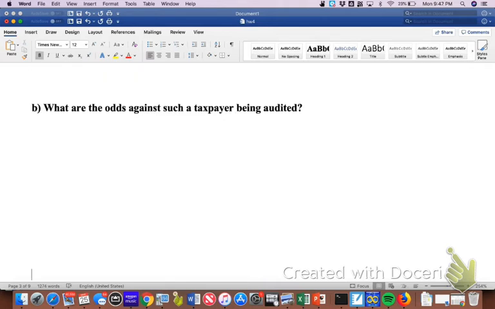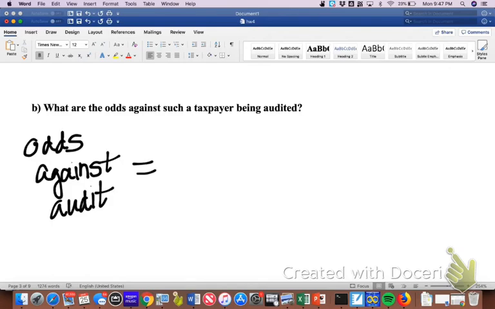So for part B, if you know the odds in favor of being audited, then you really kind of already know that the odds against being audited are just going to be flipped. Instead of 1 over 70, it'll be 70 to 1. But I want to go ahead and just rework this problem for you mathematically so you can just see another example.